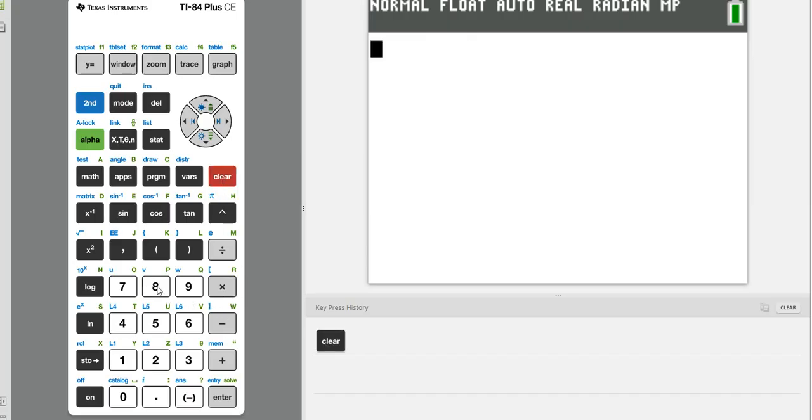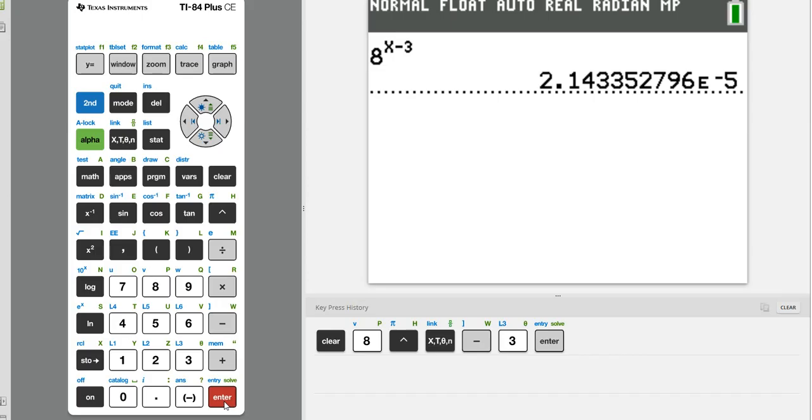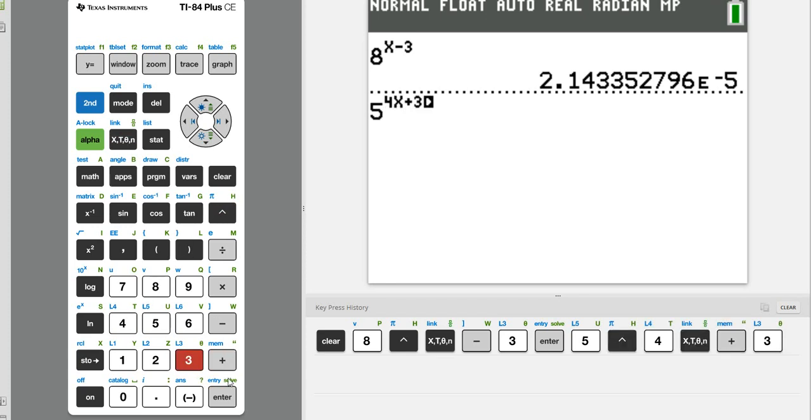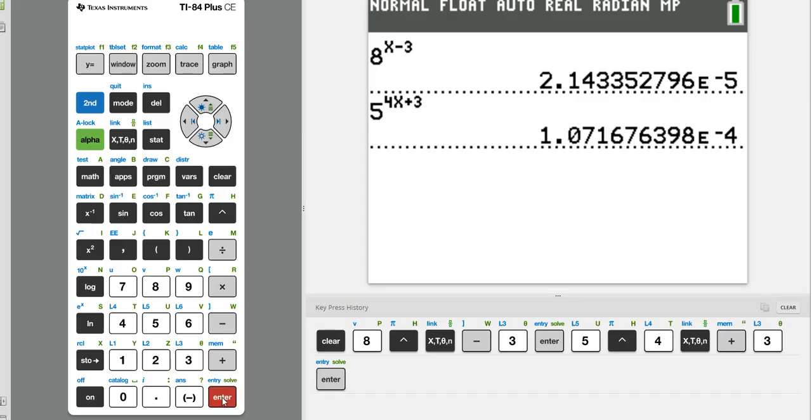So I'll do 8 raised to the x minus 3. Should be probably a small number. Yeah, okay. And it doesn't really matter what that is. I want to compare that to 5 raised to the 4x plus 3. And I should get the same number. Uh-oh.